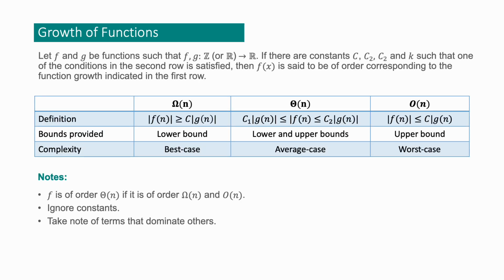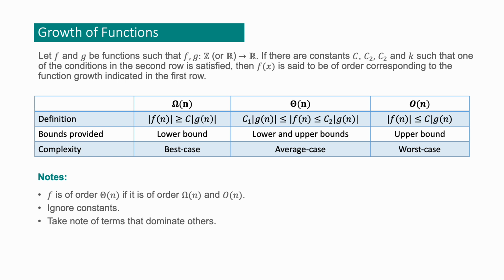We define these three notations mathematically as the growth of functions. If you have two functions f and g, which are mappings from Z to R or from R to R, and there are constants c1, c2, and another constant k, such that one of the conditions in the second row of the table is satisfied, then f is said to be of order corresponding to the growth of the function indicated in the first row.